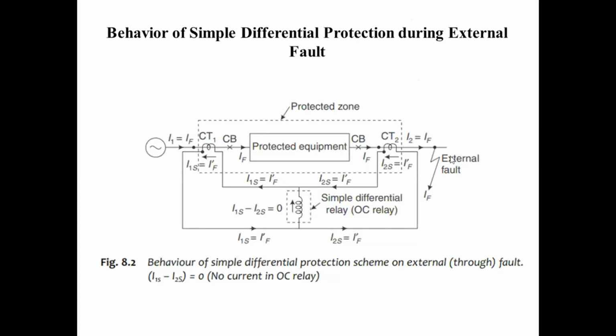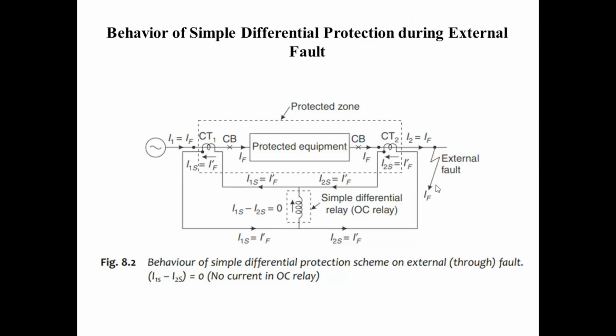Now consider when a fault occurs on the system. There are various types of faults: unsymmetrical faults, such as line to line, line to ground and double line to ground faults, and symmetrical faults. Any such fault occurring on the transmission line is an external fault.